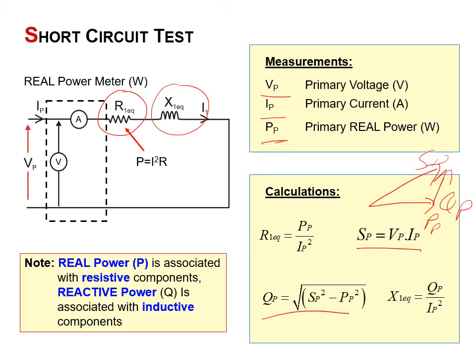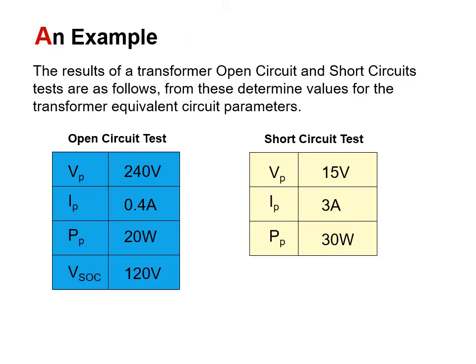Using Pythagoras, I can then find this X1 equivalent. And if I know this reactance, I can also find the inductance if I know the frequency. Okay, so by doing short circuit and open circuit tests, I can find all the components for the equivalent circuit.